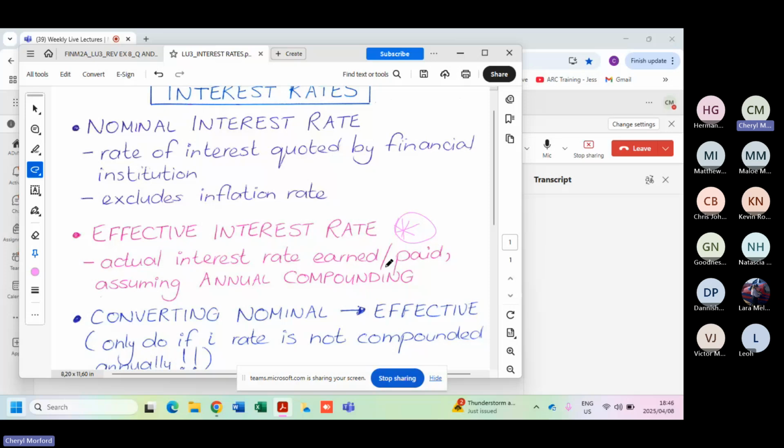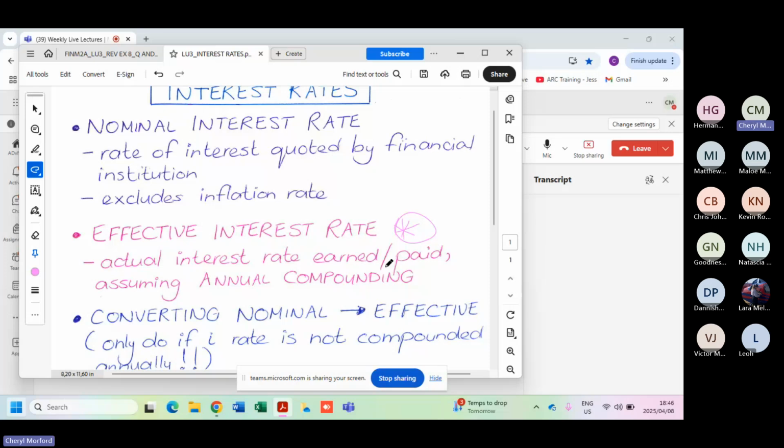Interest rates are always percentages, and they are normally per annum, but they can be compounded in various ways. So we're going to read the question, and if it says it's compounded in any way except annually, then we know it is not an effective rate, so we need to make it an effective rate.